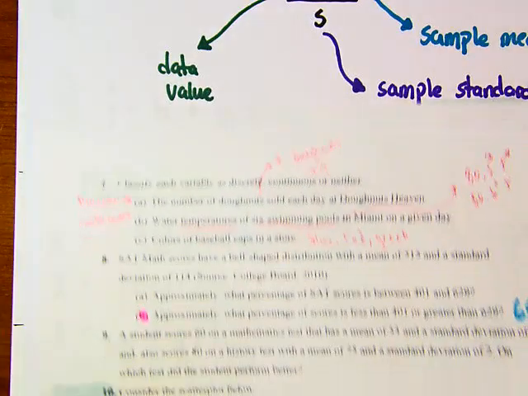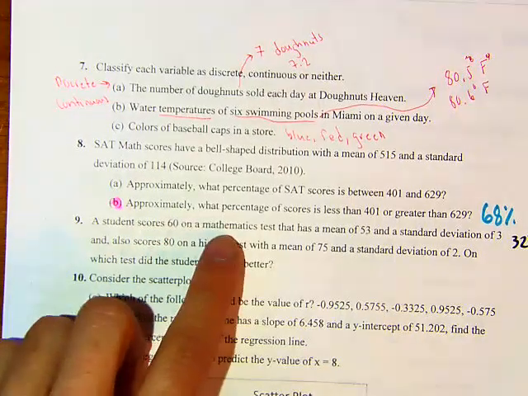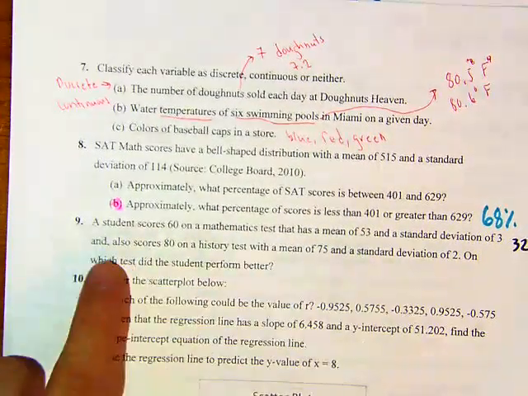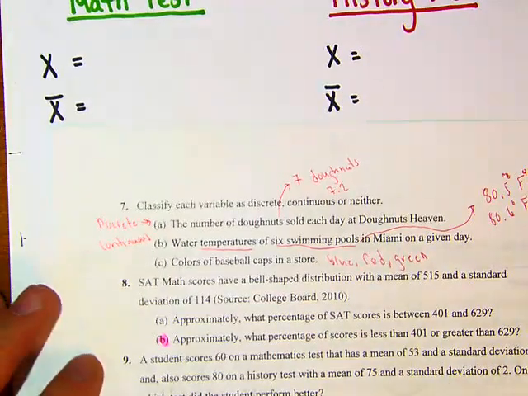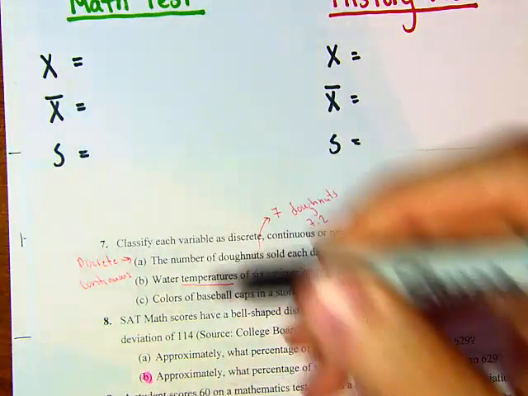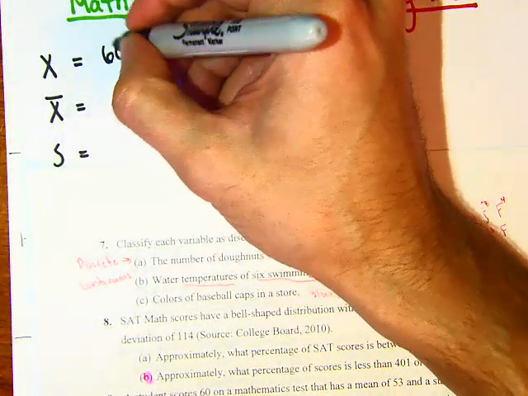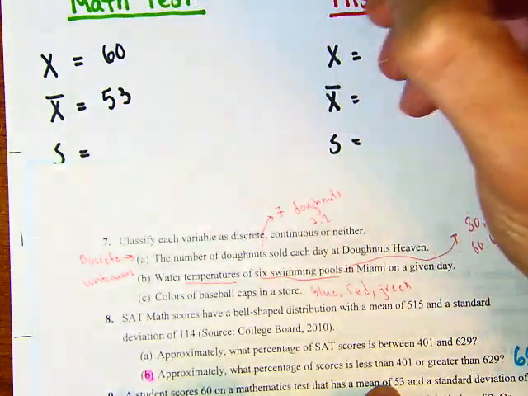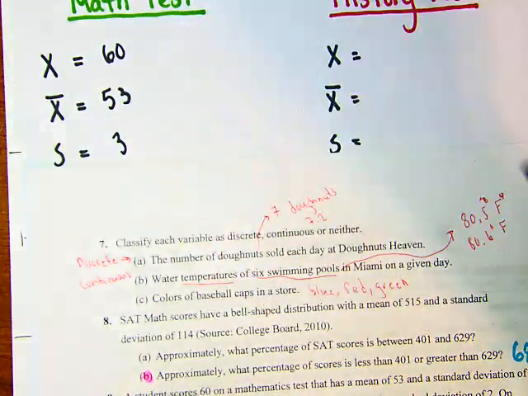So here, a student scores a 60 on a math test, and the mean is 53 and the standard deviation is 3. So what this information is saying is that he scored a 60 on the math test, the mean was 53, and the standard deviation was 3.